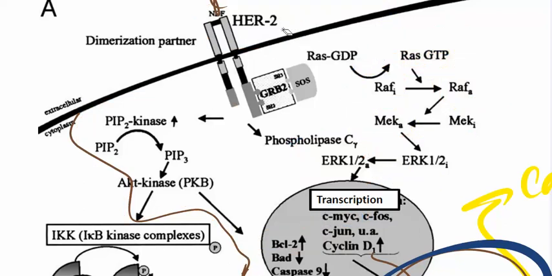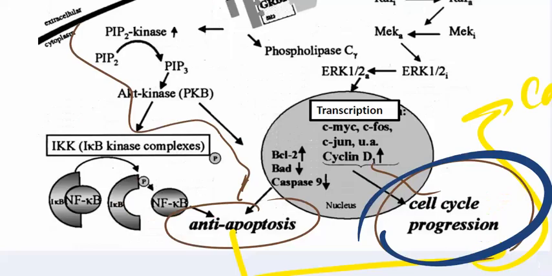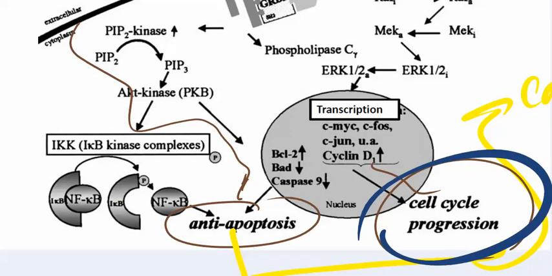The fact that it's going through the RAS, GDP, GTP, that's just one thing. It can go through this pathway as well. So it would still have an effect, but it doesn't mean that you're not still going to get tumor formation.